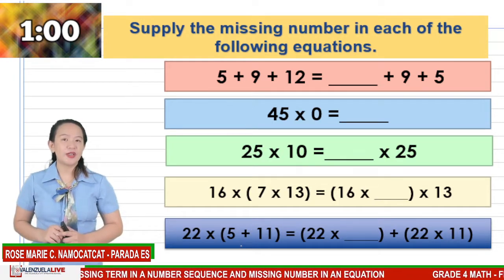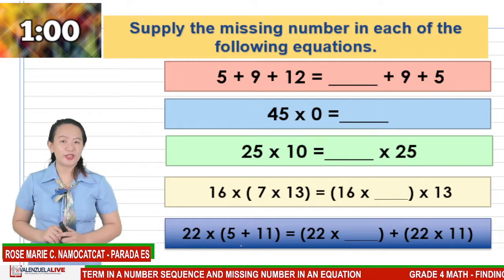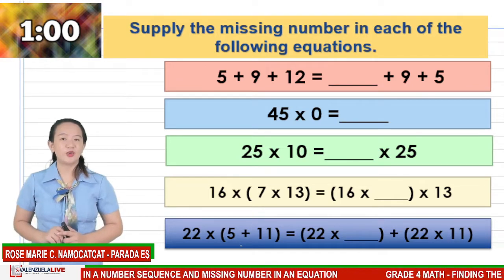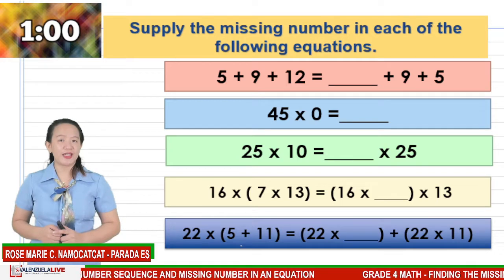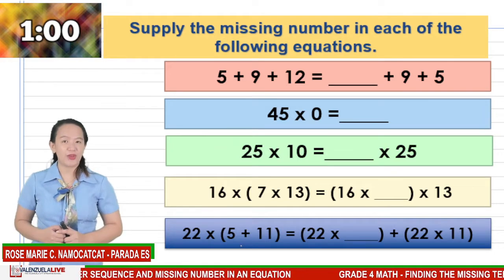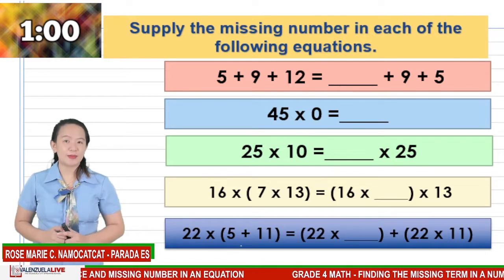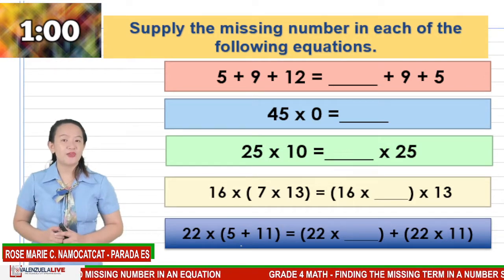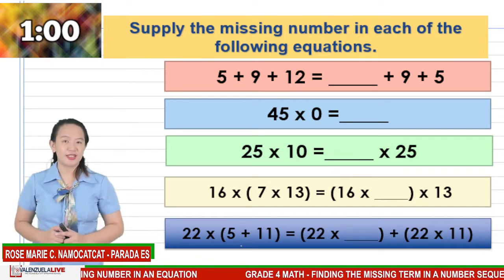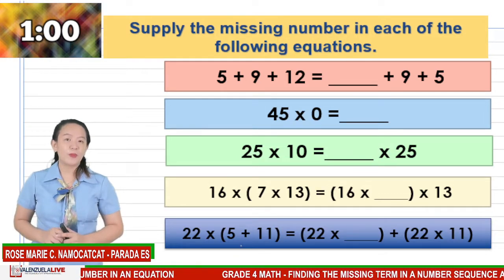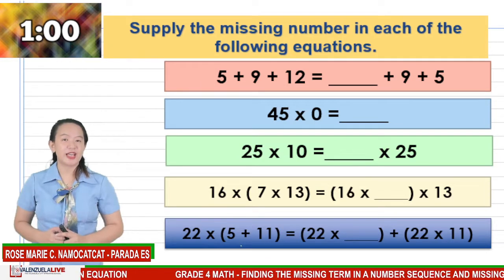The next number, 45 times 0 equals blank. The next one, 25 times 10 is equal to blank times 25. For the fourth one, 16 times open parenthesis 7 times 13 close parenthesis is equal to open parenthesis 16 times blank close parenthesis times 13.